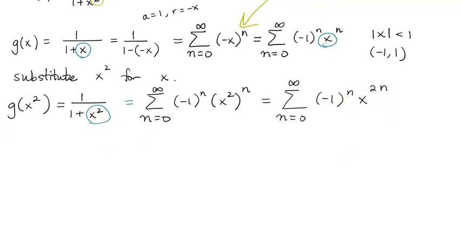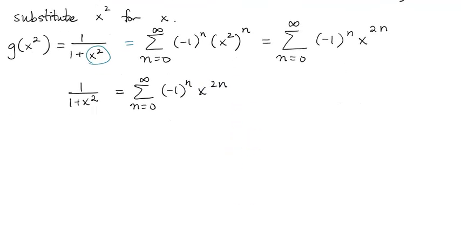So now we have a representation for 1 over 1 plus x squared. I'm just going to write that very clearly. We have a power series representation for 1 over 1 plus x squared. So now that we have this power series representation, I'm going to come in and integrate both sides.